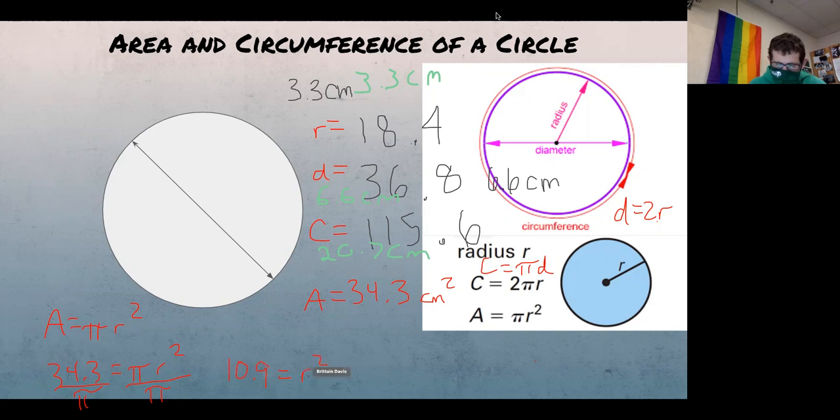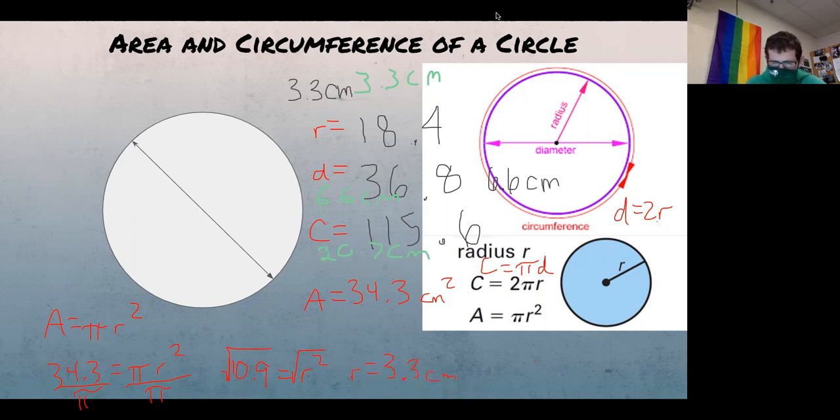And now I need to do the square root of both sides. So the square root of 10.9 is 3.3. So the radius is going to be 3.3 centimeters.